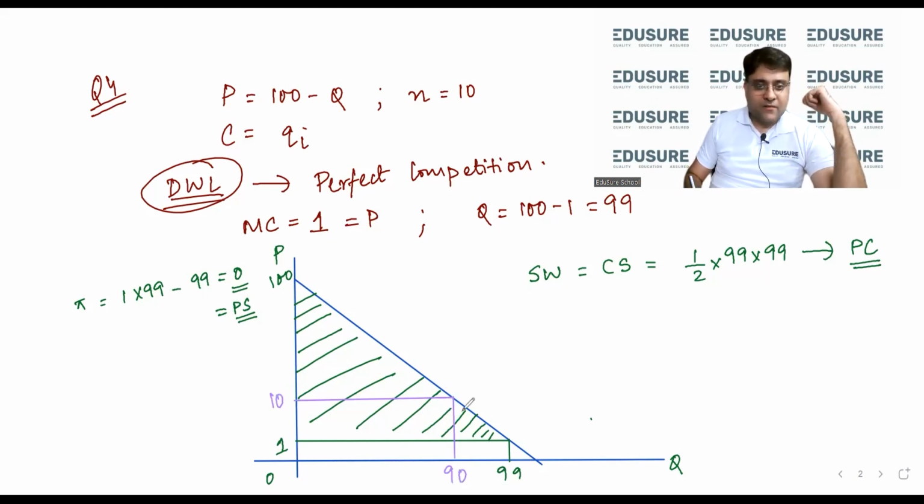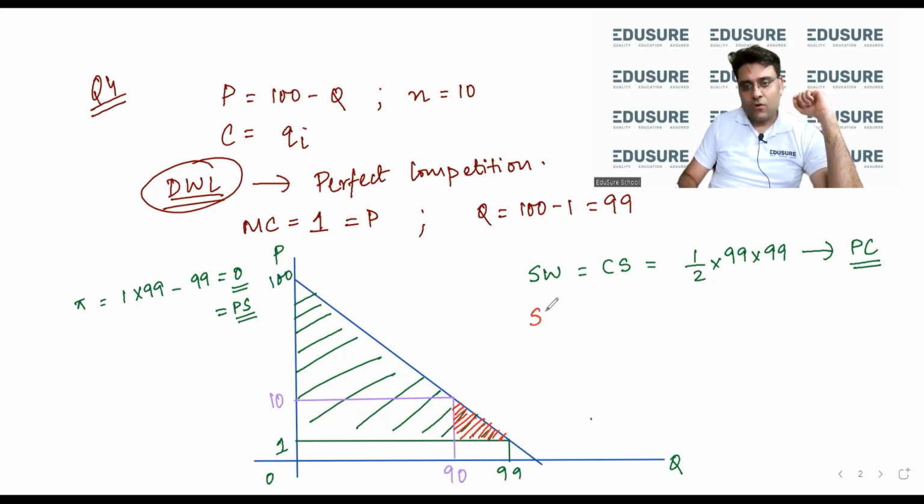Now, this upper part will be the consumer surplus. This lower part from 10 to 1 is the producer surplus or the profit. There is, however, a deadweight loss. The deadweight loss here is this area. This small triangle will be the deadweight loss. This is lost.